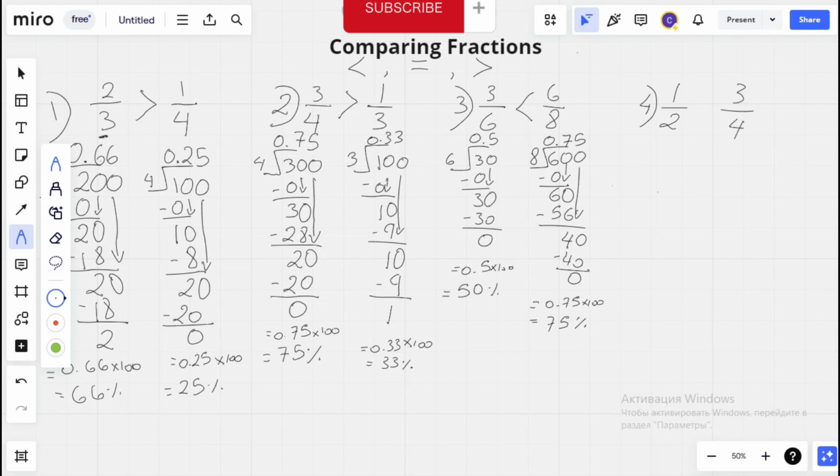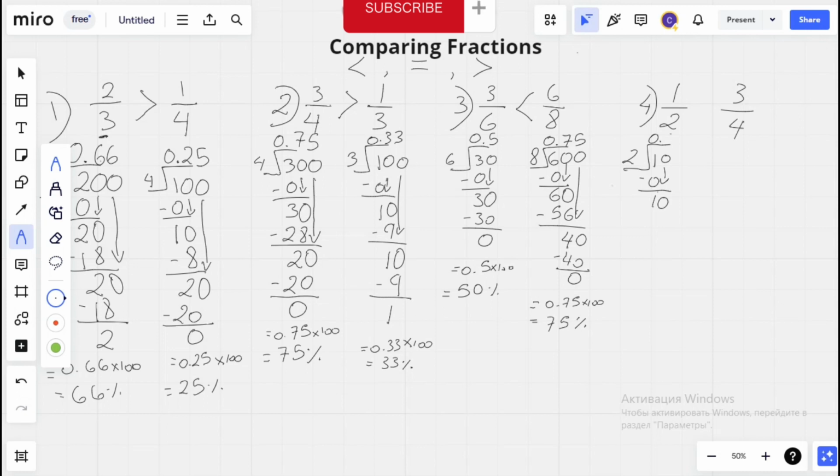1/2. How many 2's can you put in 1? 0. 0 times 2, 0. 1 minus 0 equals 1. Are we finished? No, we're not. We add the 0 and the decimal point.